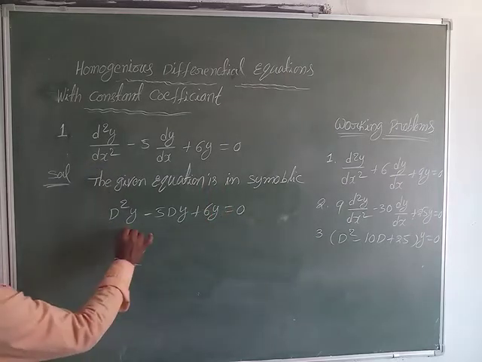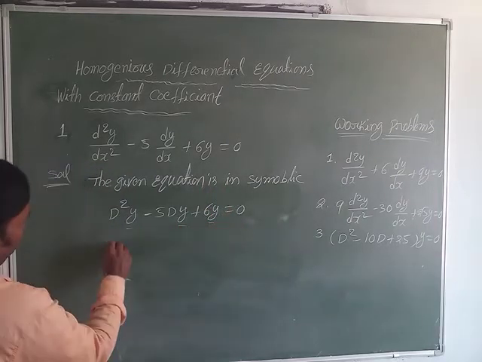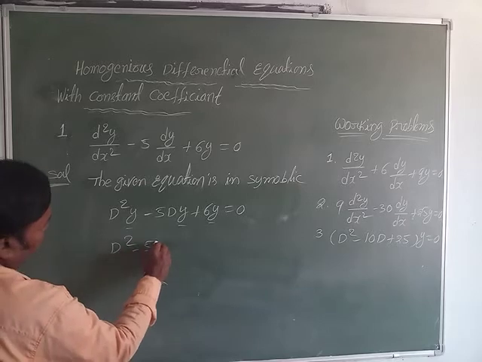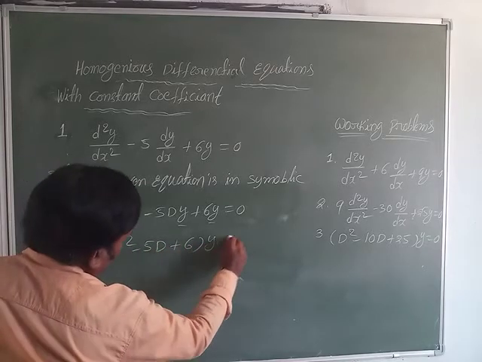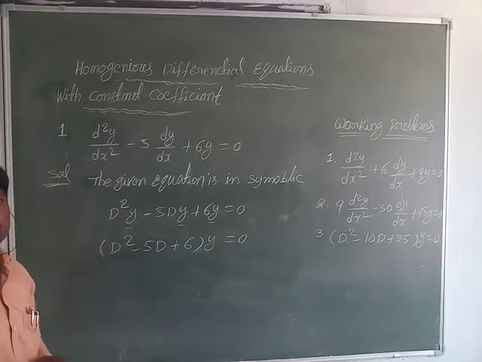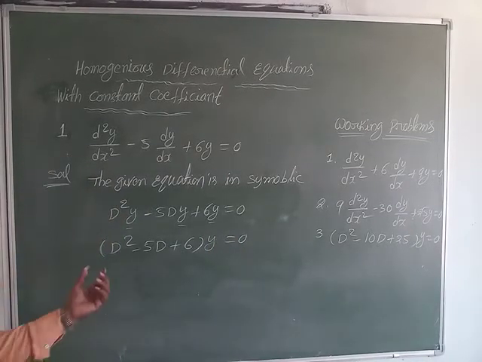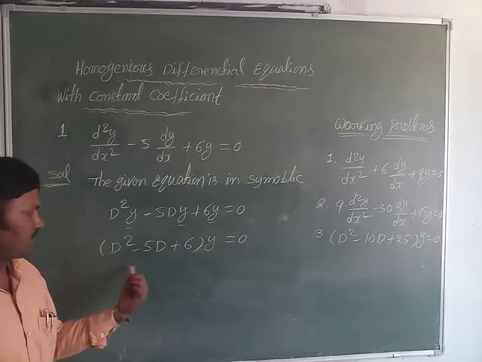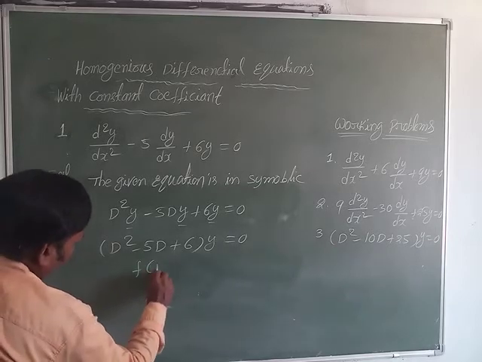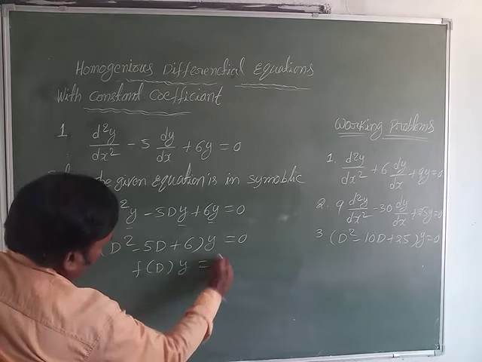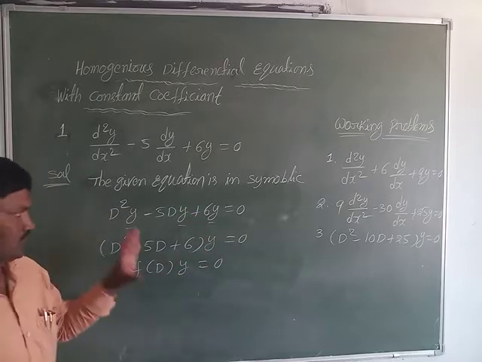Here y is common, so I will write d square minus 5d plus 6 into y equal to 0. This is the differential equation in symbolic form, that is f of d into y equal to 0. This is the first step.